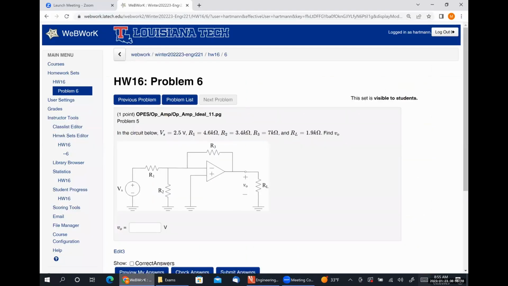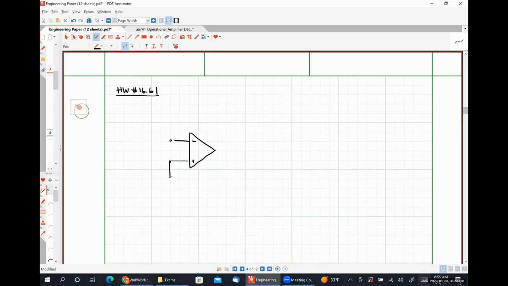Make sure I get this drawn correctly. All right, so our non-inverting input is grounded. I'm just making sure I'm drawing that right.